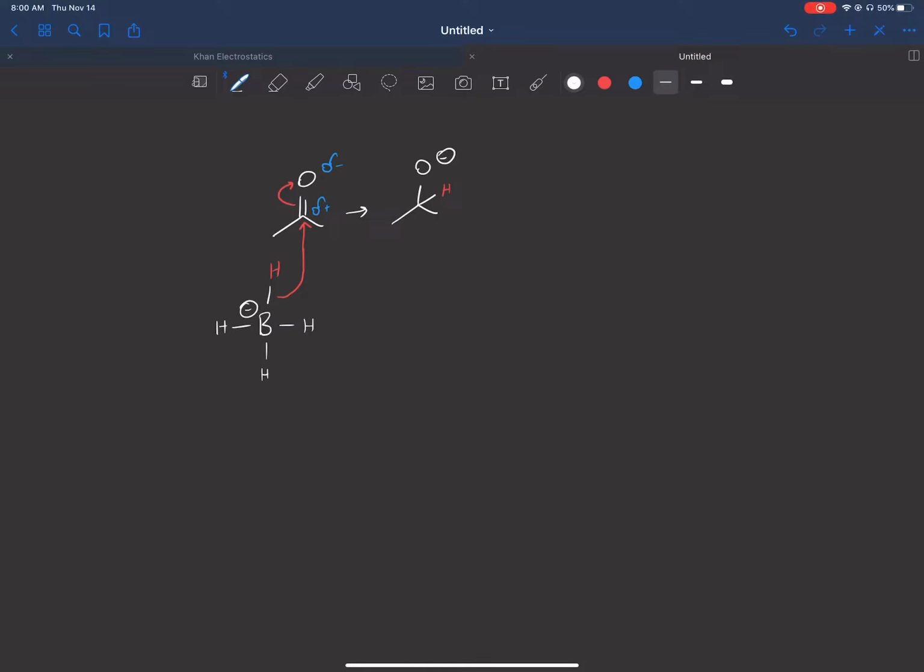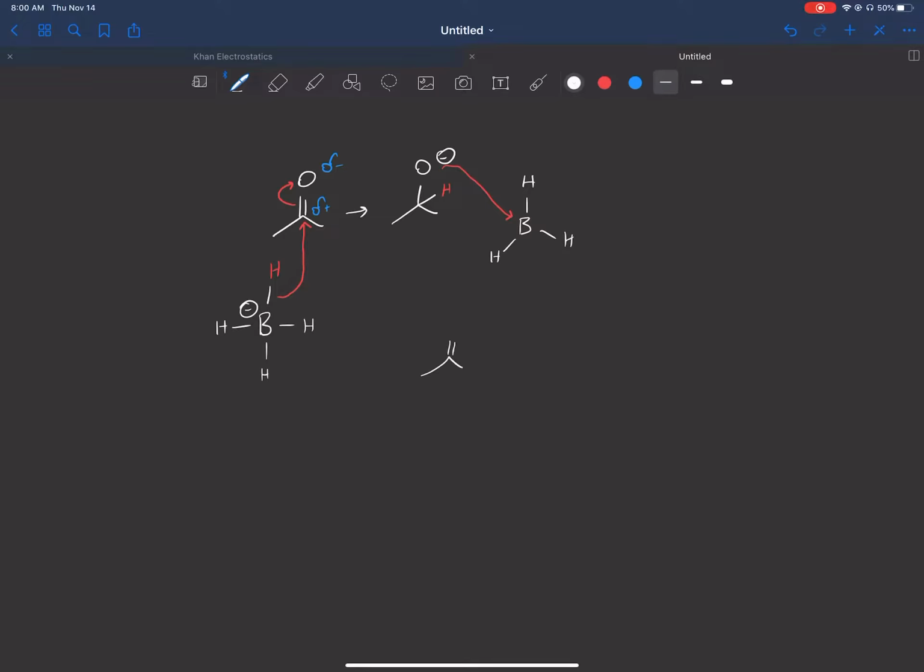Once we get that O minus, we now have BH3. Then the O minus attacks the boron. Like I said, I've seen this mechanism multiple ways.